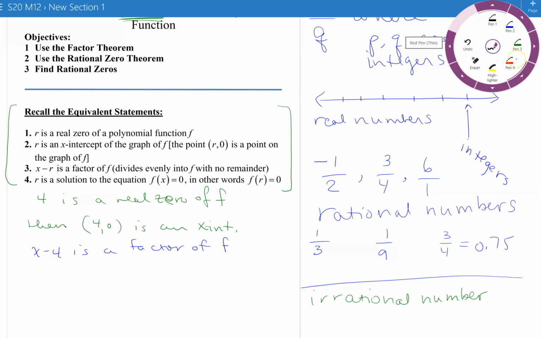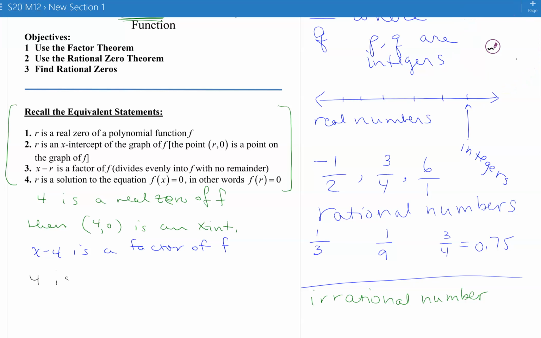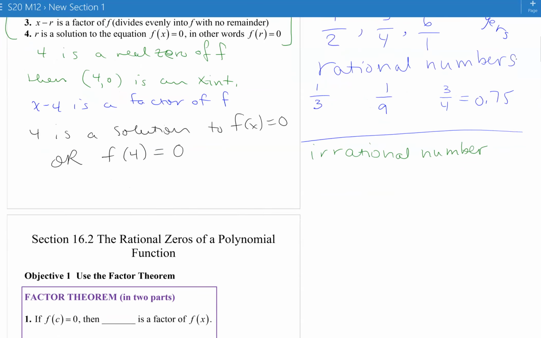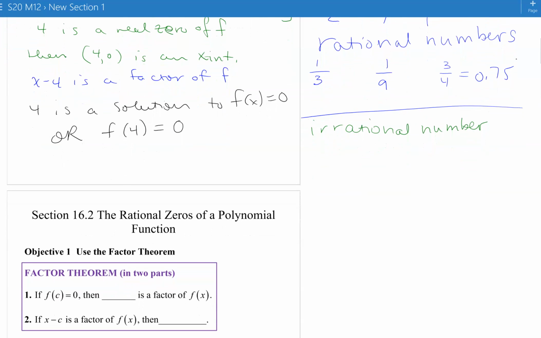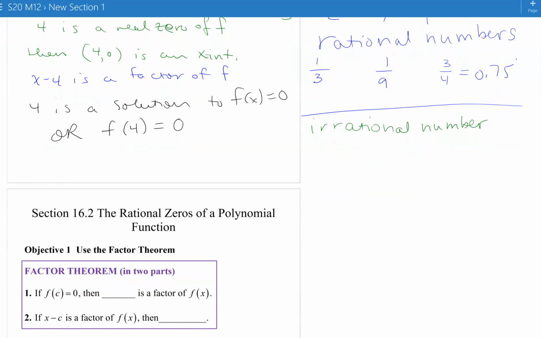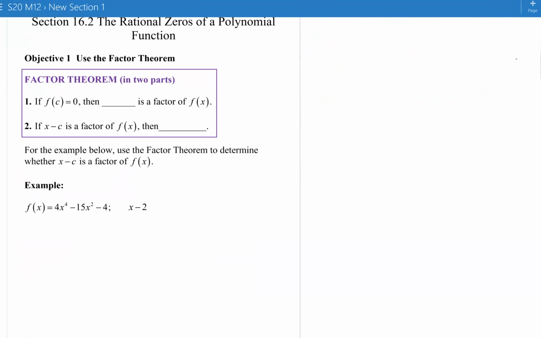And then we also know that 4 is a solution to the equation f of x equals 0, or another way of saying that is f of 4 equals 0. So if you know any one of these things, you know all 4 of these things. And we're going to keep encouraging you to remember that you know a lot more things than you might think if we give you one of these items.